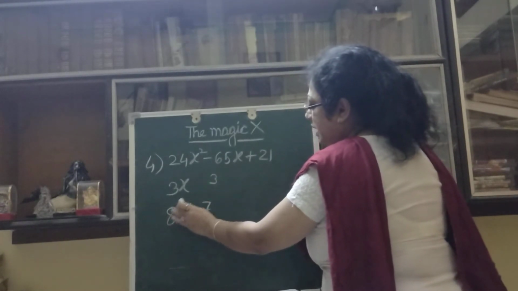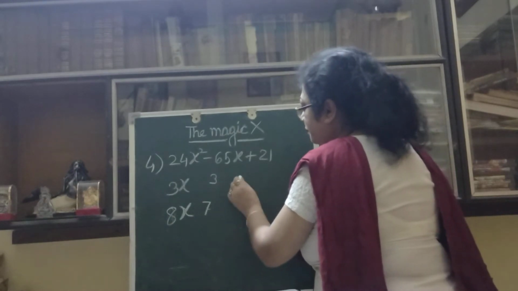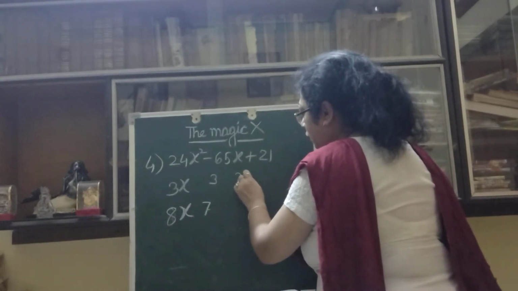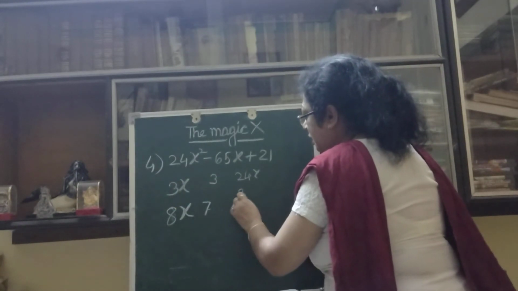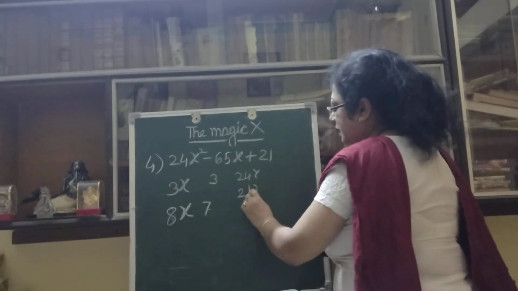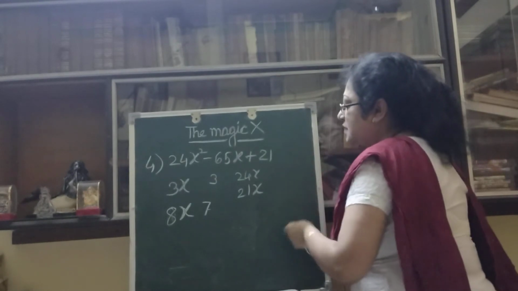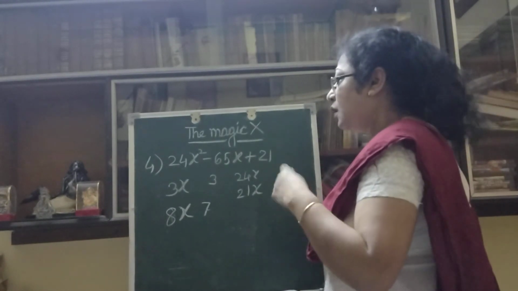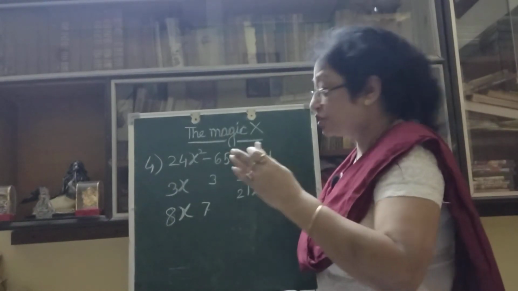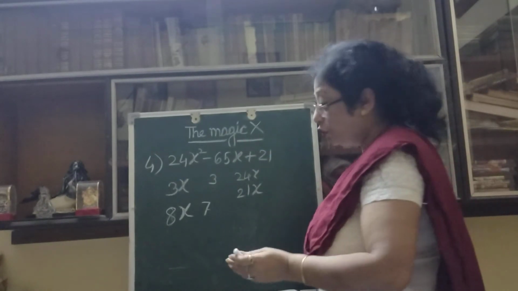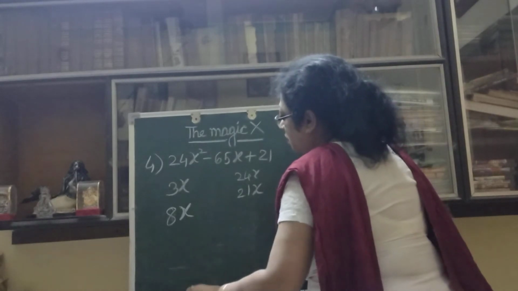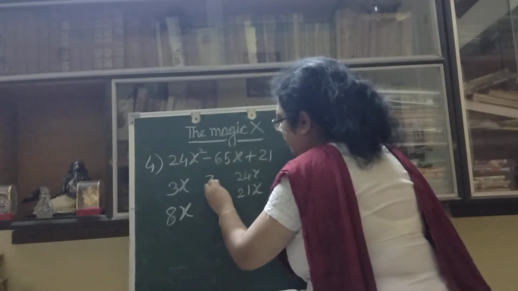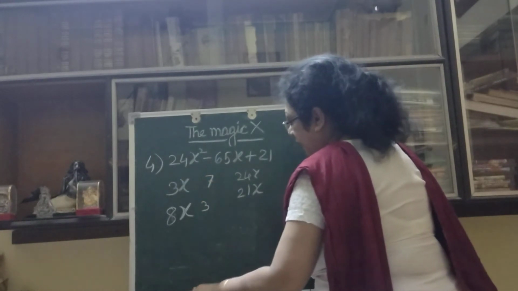Then 8 3s are 24x and 3 7s are 21x. If we do addition, subtraction, we can't get 65. So what we will do? We will just switch to 7 and 3.